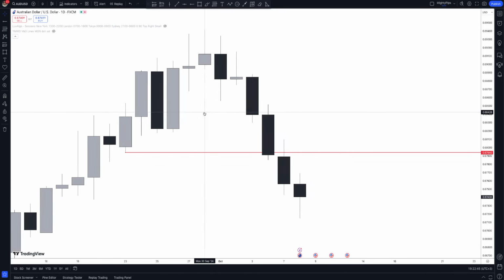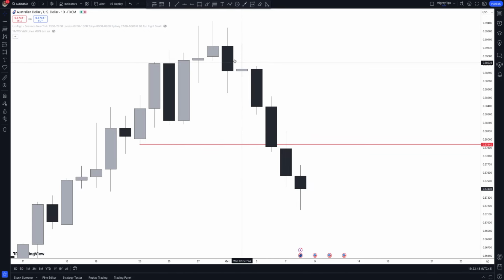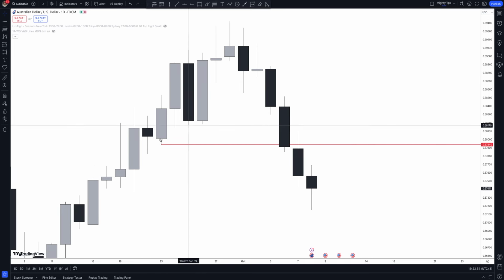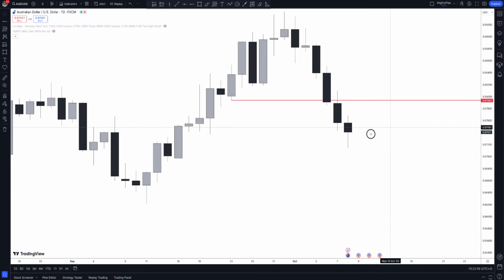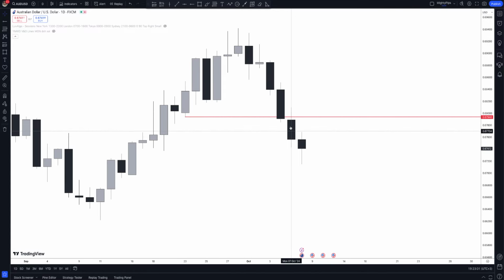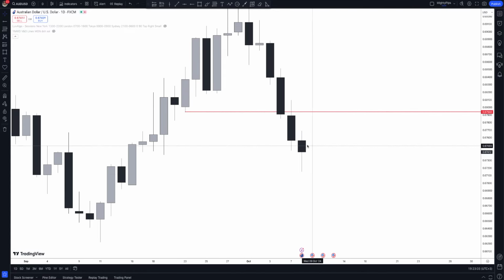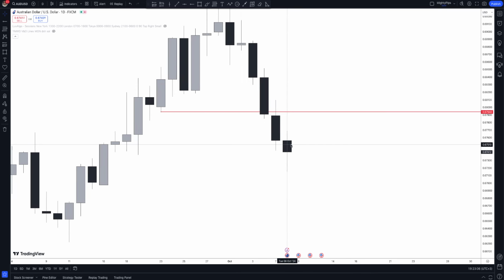As you can see here on the daily chart, there are many daily candles that have closed bearish, because the weekly chart closed bearish below this red line right here. Last week closed bearish, and today we're having a bearish candle printing below that red line, confirming that we are still moving down.